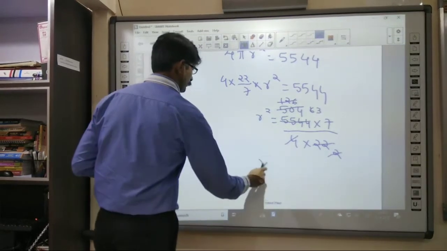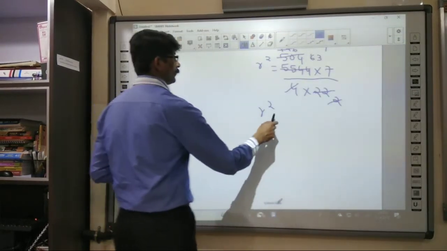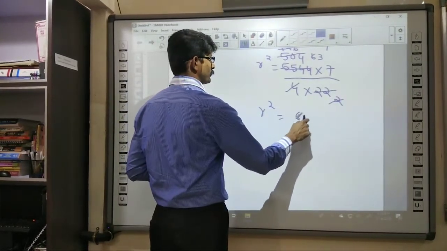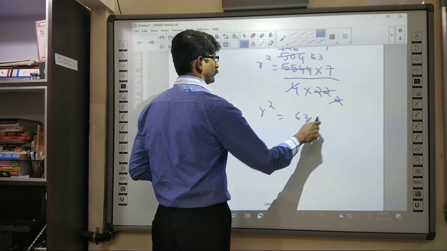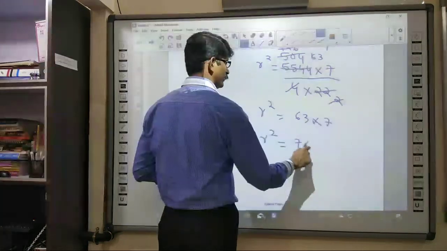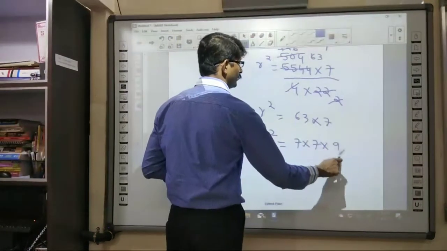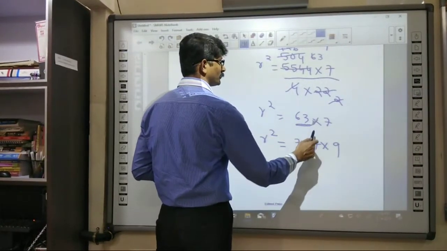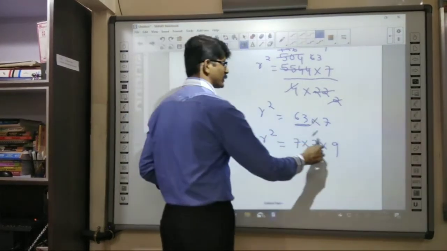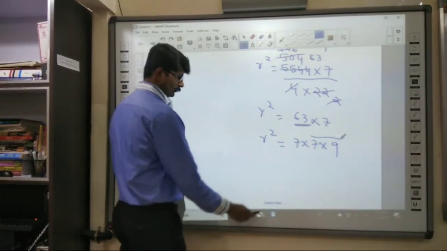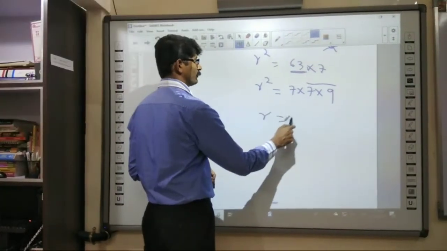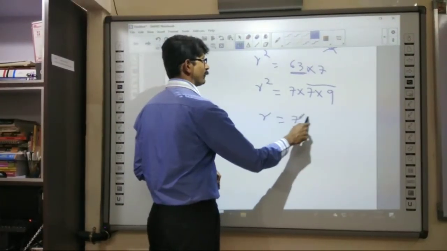So what is this? r square is equal to 63 into 7, which I can write as r square is equal to 7 into 7 into 9. Look at this, I have 63, I have split it as 7 into 9. So it becomes radius is equal to 7 because there are two 7s, so I got one 7 over here.